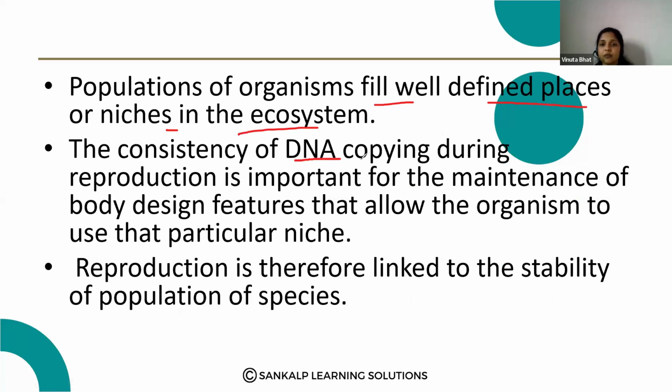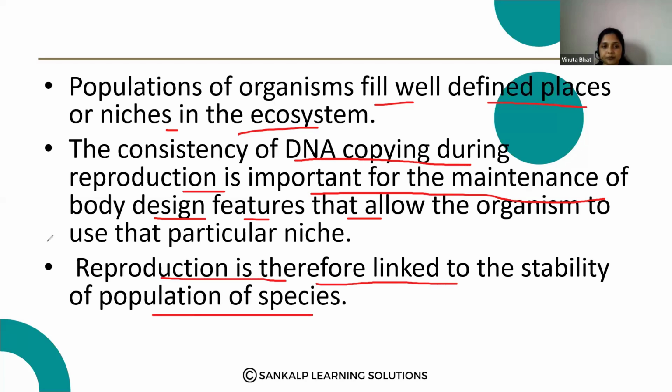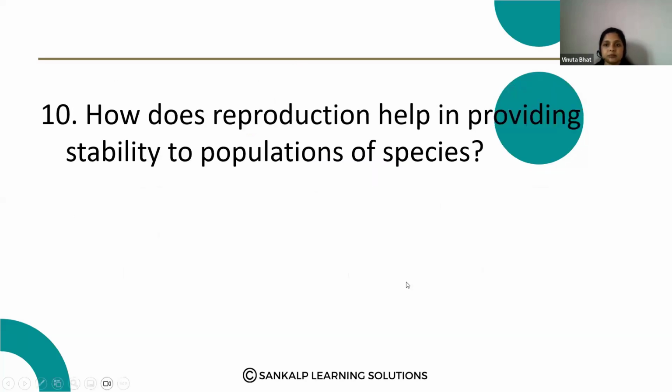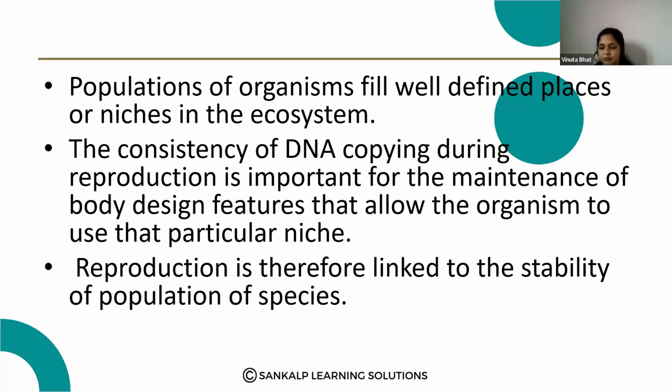The consistency of DNA copying during reproduction is very important for the maintenance of the body design features that allow the organism to use that particular niche. Reproduction is therefore linked to the stability of population of species. So this is how reproduction helps in providing stability to populations of species.